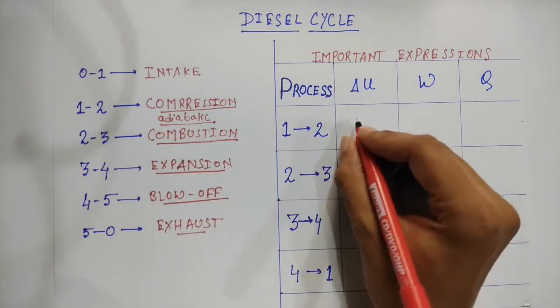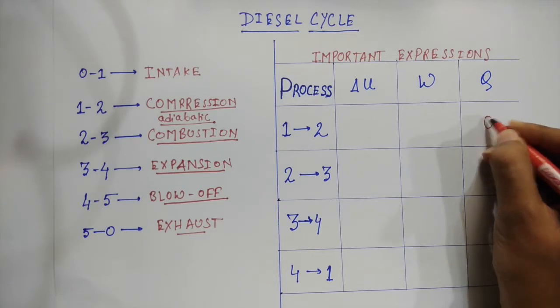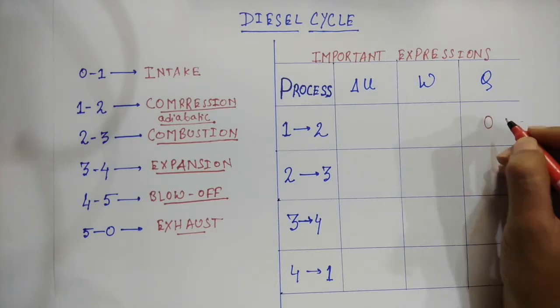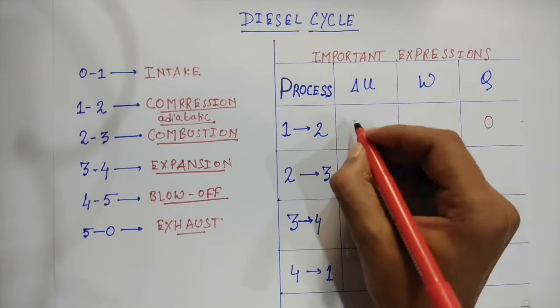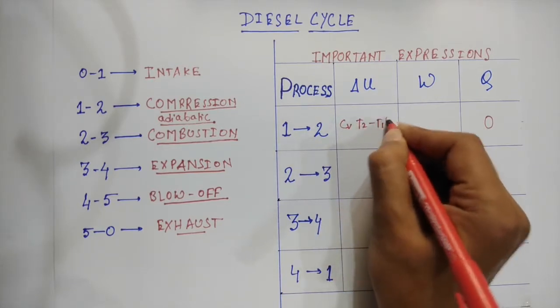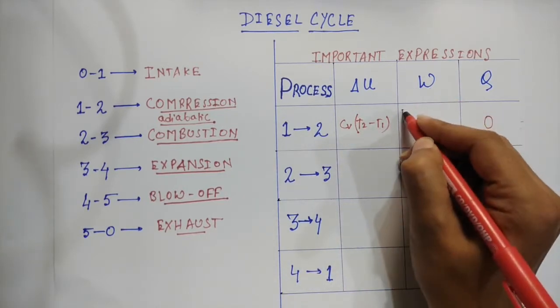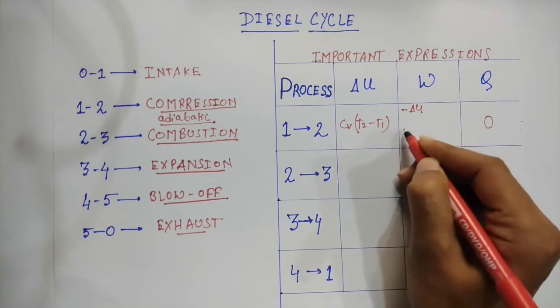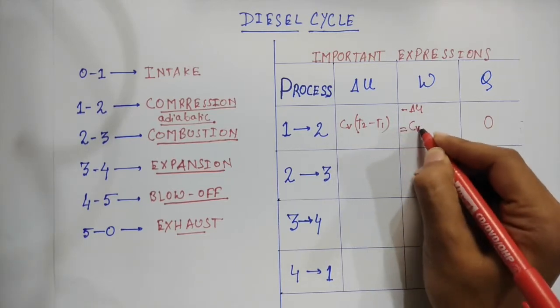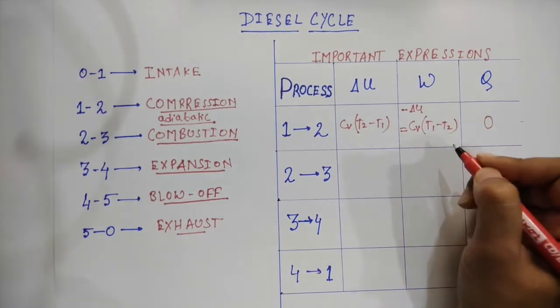Hence, first of all, we write Q equal to 0 because it is an adiabatic process. So, the expression for del U becomes CV into T2 minus T1, and similarly, W will be minus of del U, that is equal to CV into T1 minus T2.